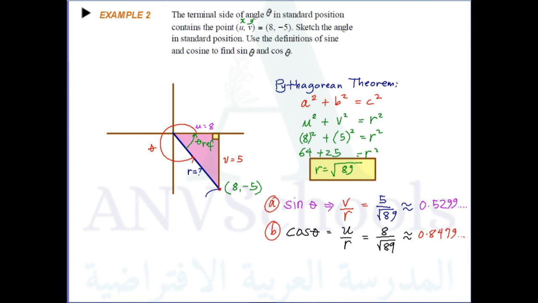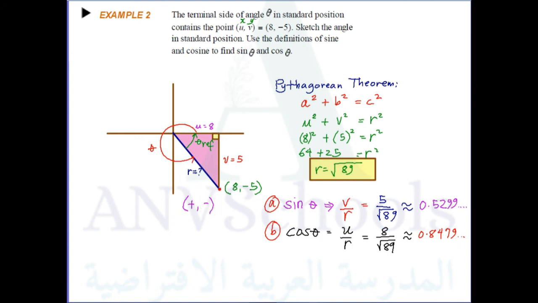But are we finished? No, we didn't. We did not yet include the quadrant in which these values belong. So you can see that we are on the fourth quadrant. And on the fourth quadrant, we have positive for cosine and negative for sine.